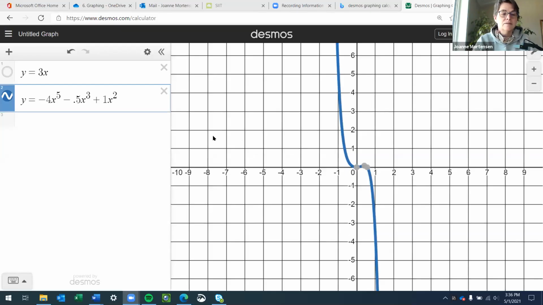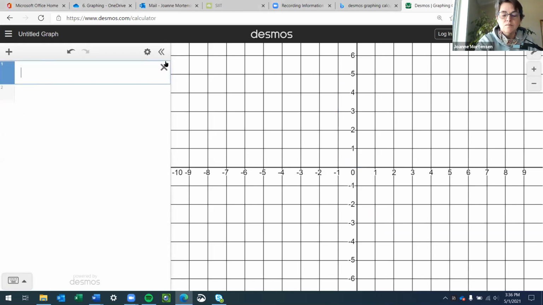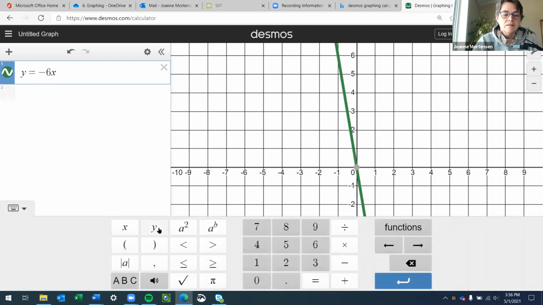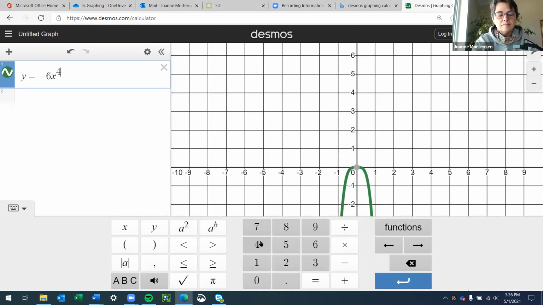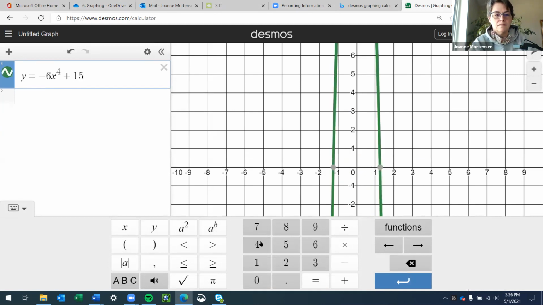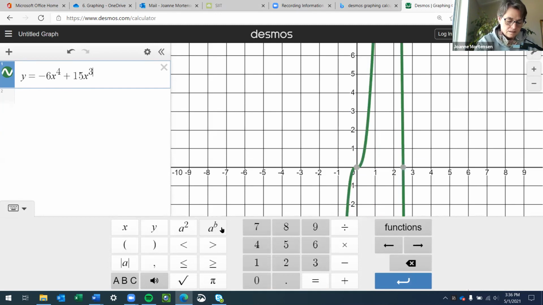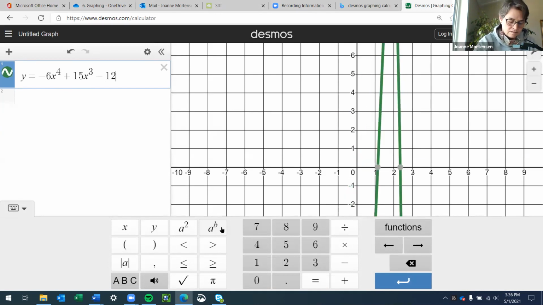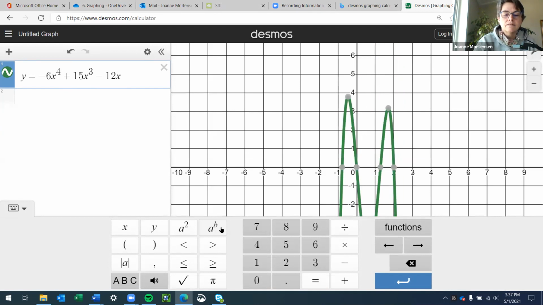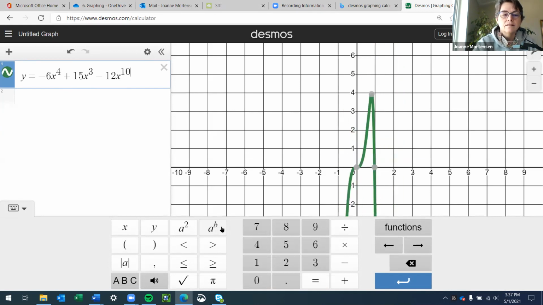Okay, back to Desmos. So the equation I had is y equals minus 6x to the fourth plus 15x cubed minus 12x to the 10.